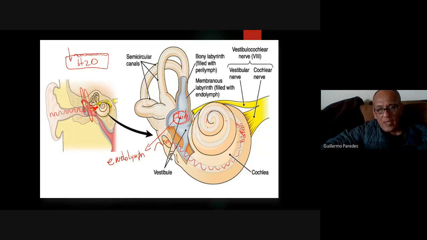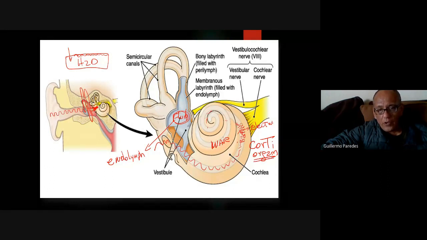It's going to make the cilia of the cells move. These movements are going to be transformed into electrical waves. So the sound wave, which is mechanical, is transformed into electricity. These cells are called the organ of Corti.